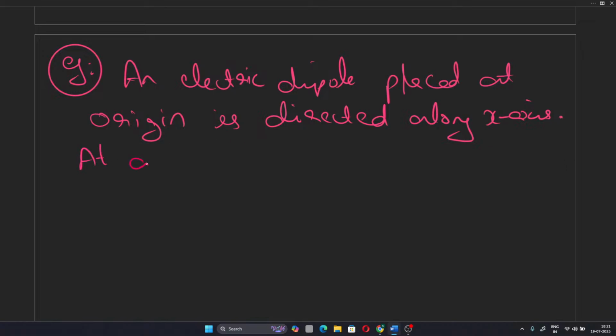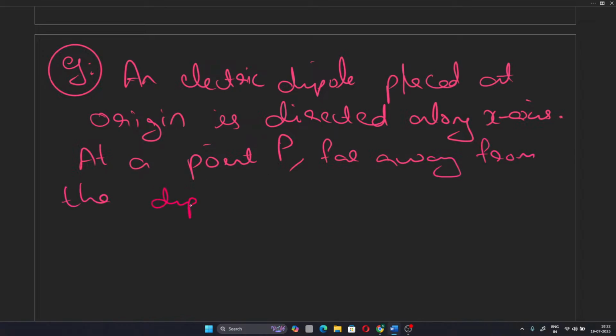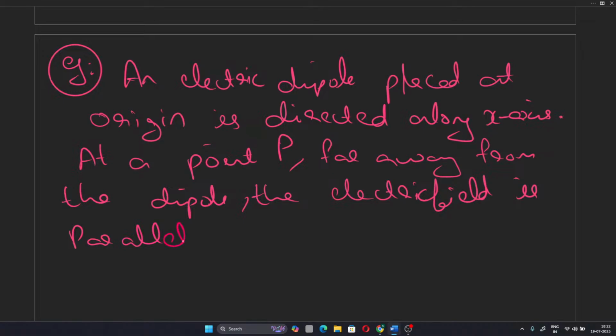At a point P far away from the dipole, the electric field is parallel to the y-axis.